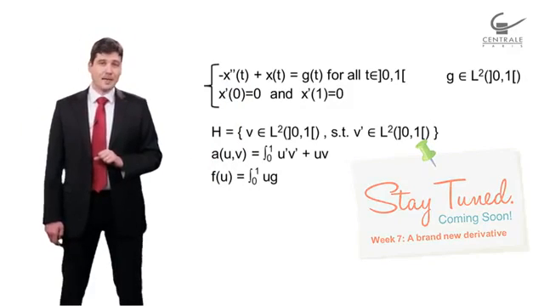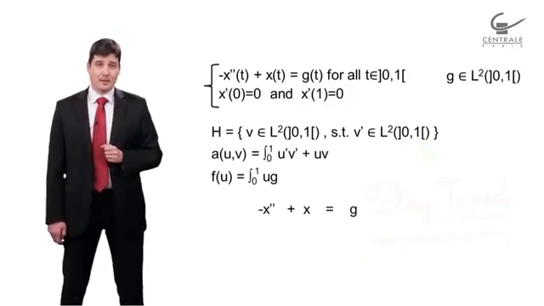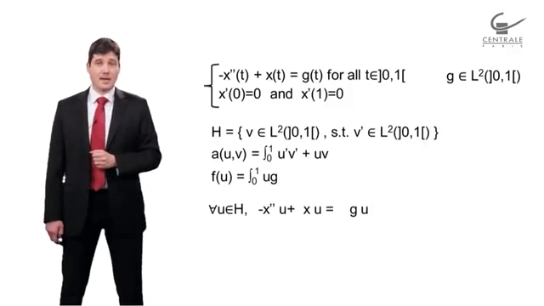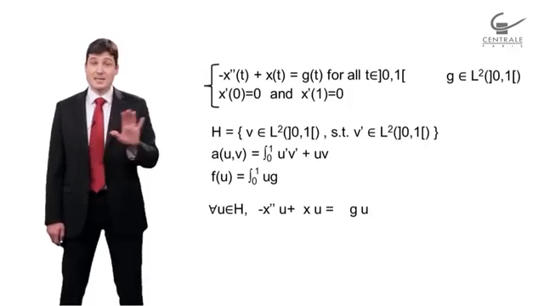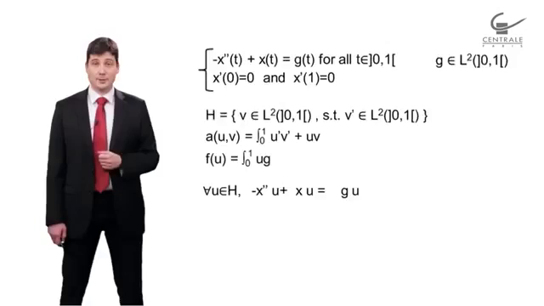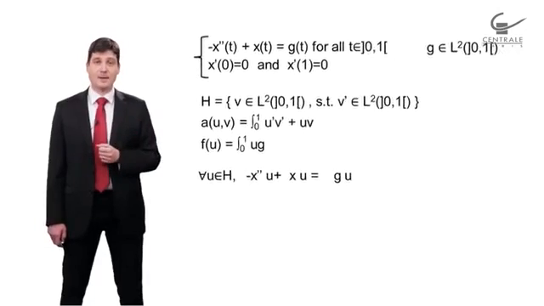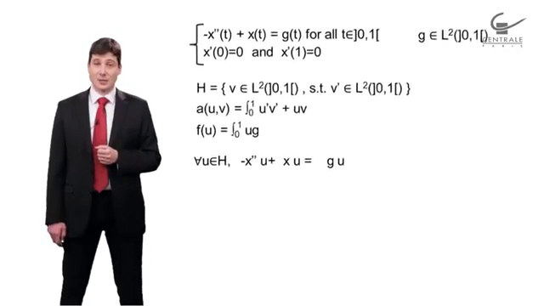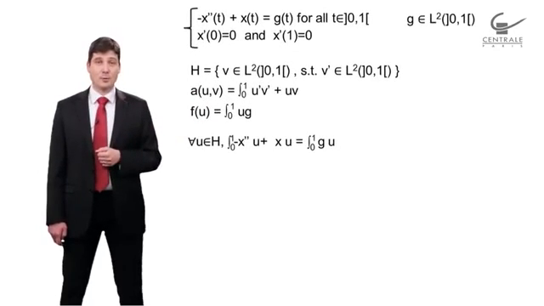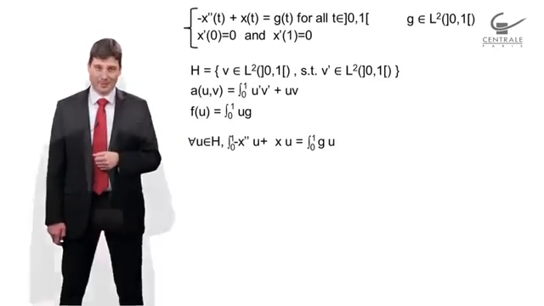Now, let's go back to our equation. Negative x prime prime plus x equals g. I can multiply both sides by any u in H, and that is still true, obviously, if the equation holds. And if this is true, then I can integrate between 0 and 1, and it must still be true.